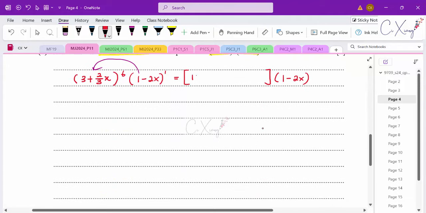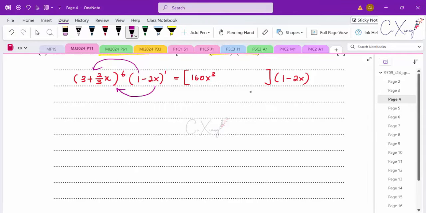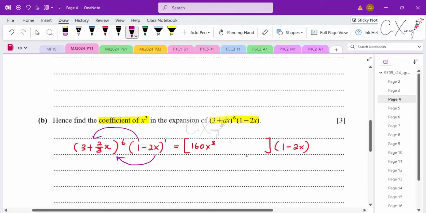So I put in 160x power 3 here. Then I have to take 2x multiplied with something from the bracket to get x power 3 also. So the something here must have x power 2, so that x power 2 multiplied with x gives x power 3.